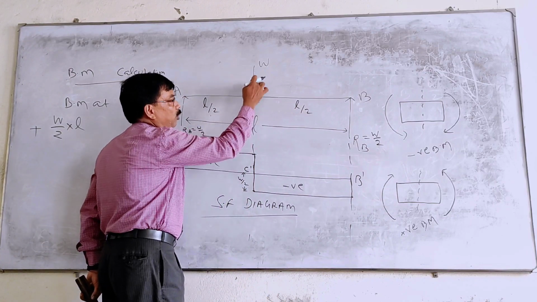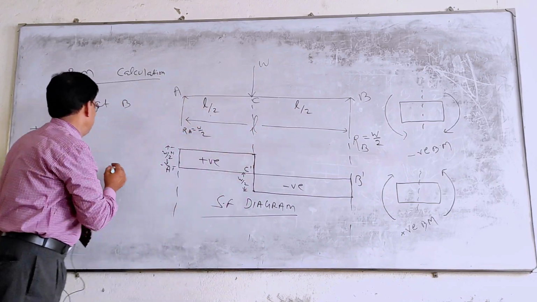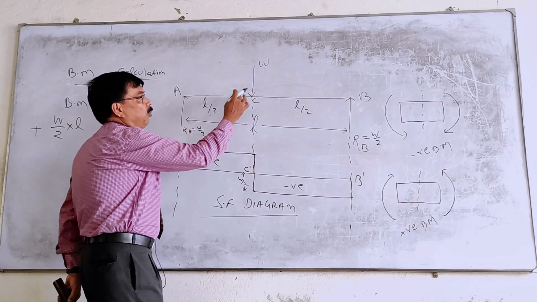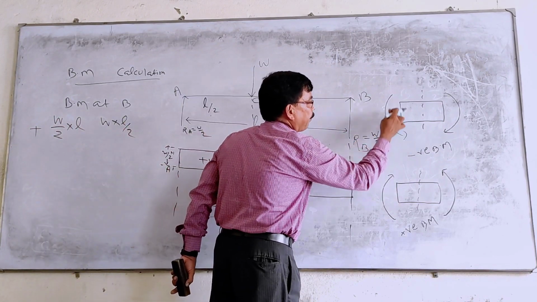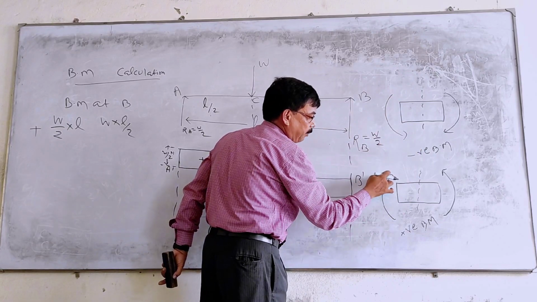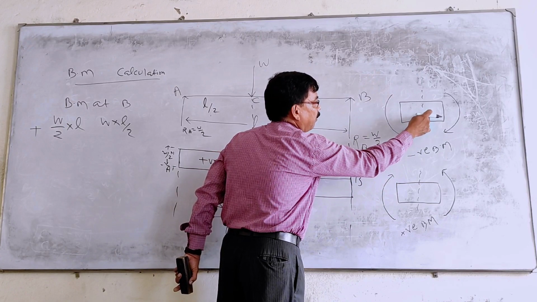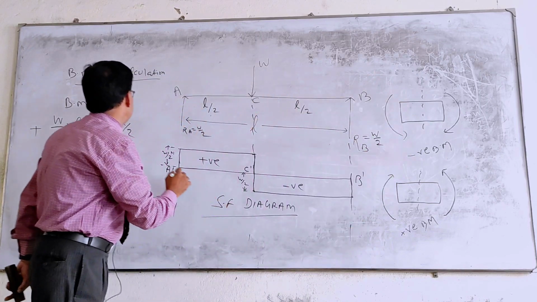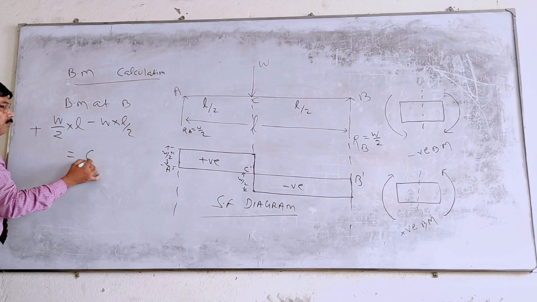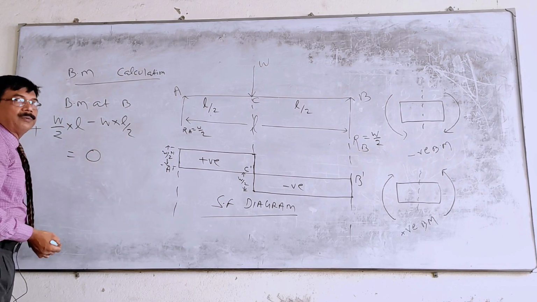Then the moment of W is W into L/2. The action of W is negative. The action of W/2 is positive. So WL/2 minus WL/2, so bending moment at B is 0.